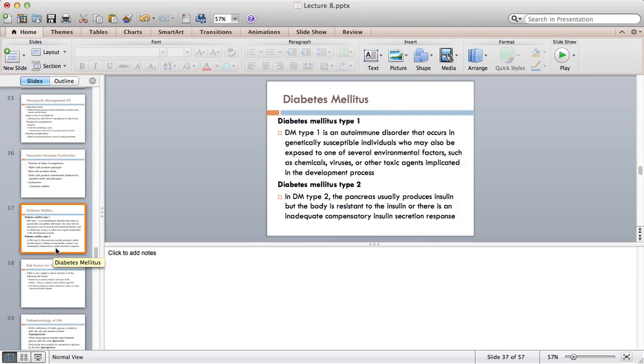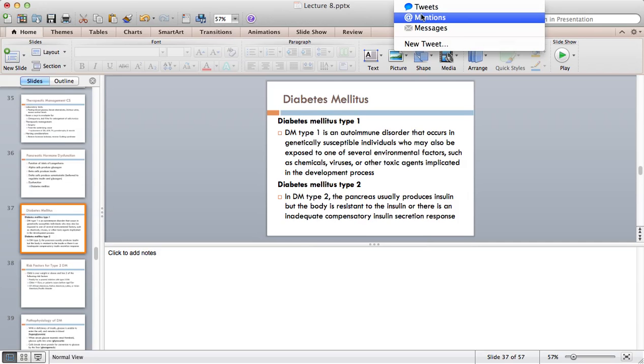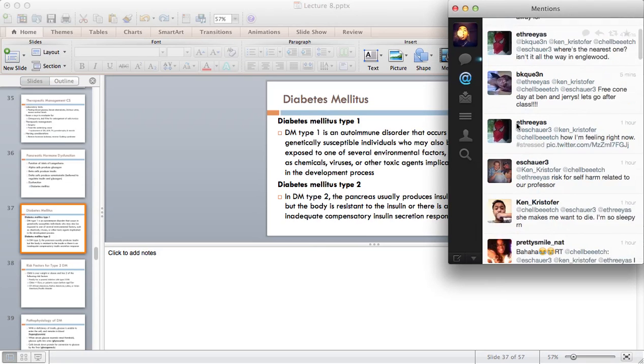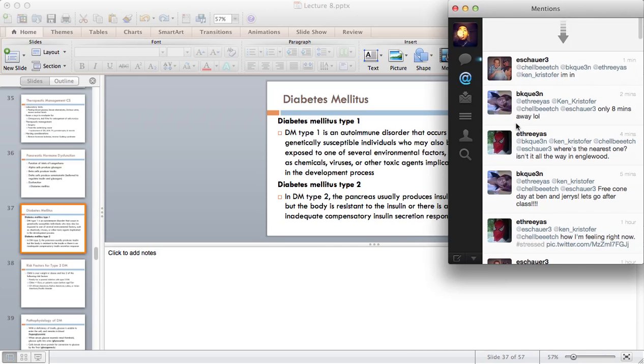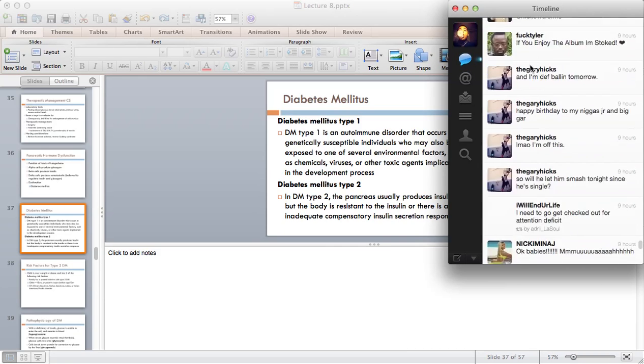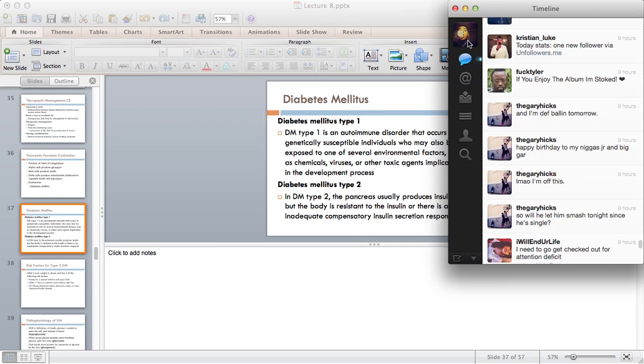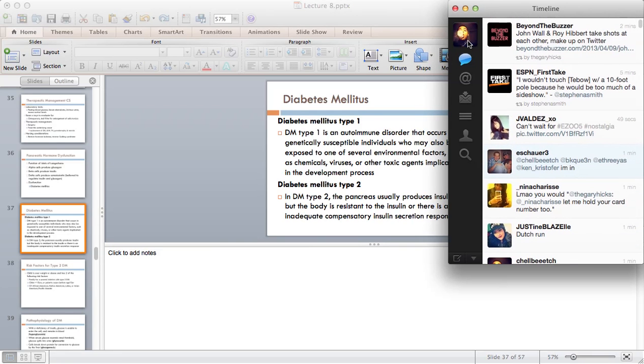So we have diabetes mellitus type 1, which is an autosomal disorder that occurs in children. It can also result from viruses or environmental toxins.